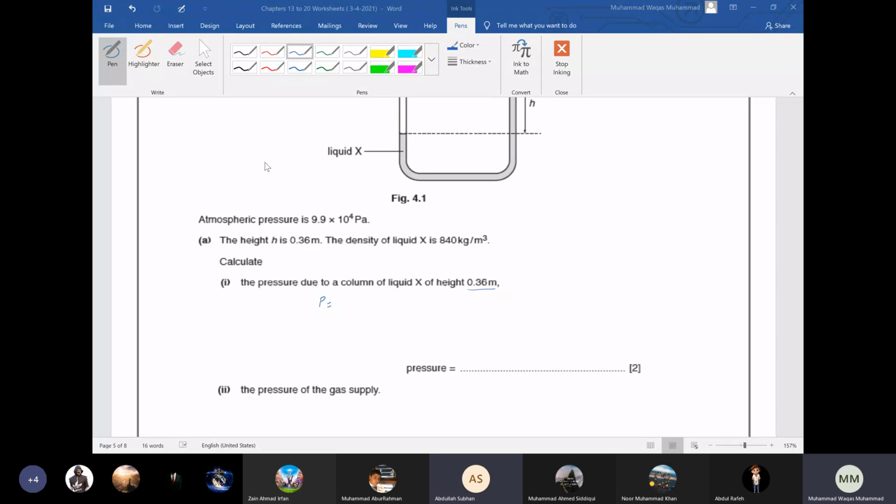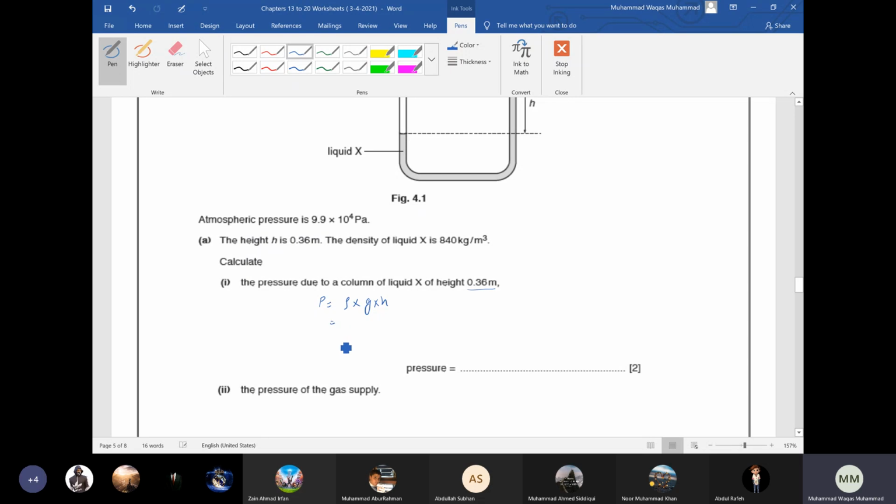We will multiply. Beta, what will we multiply now? You have to tell that. What is the formula for calculating liquid pressure? Sir, density into gravity into height. Shabash. Okay. So it's density times gravitational field strength, or acceleration of free fall G, times height.